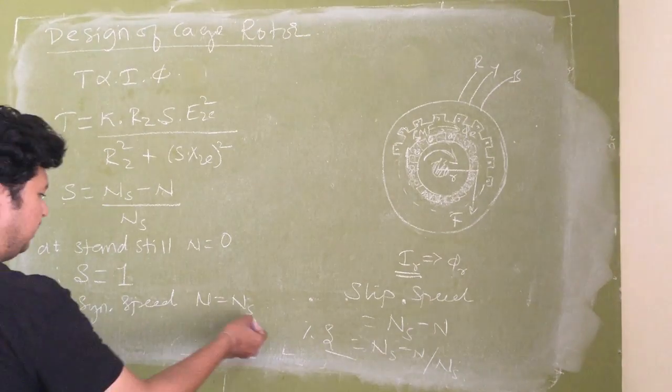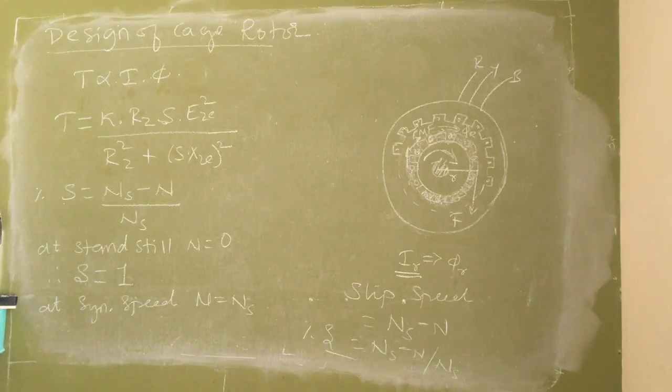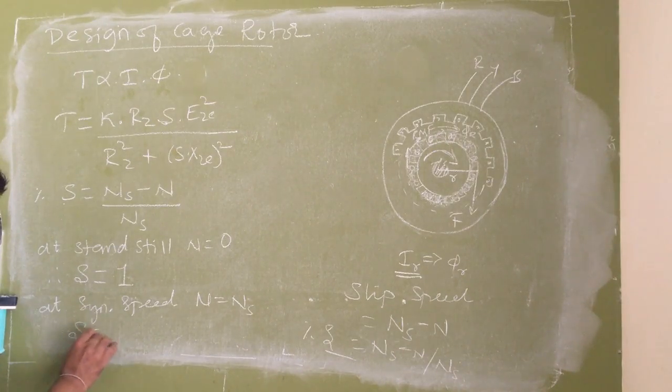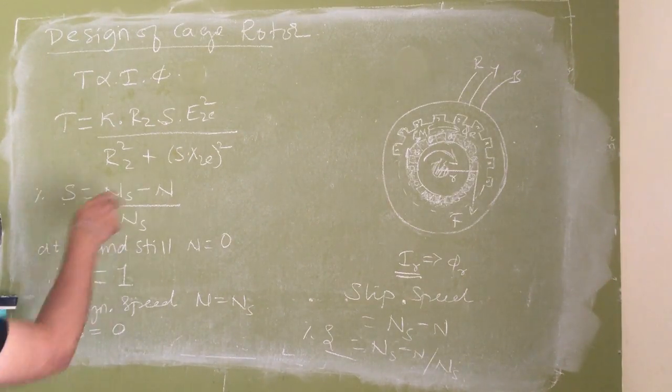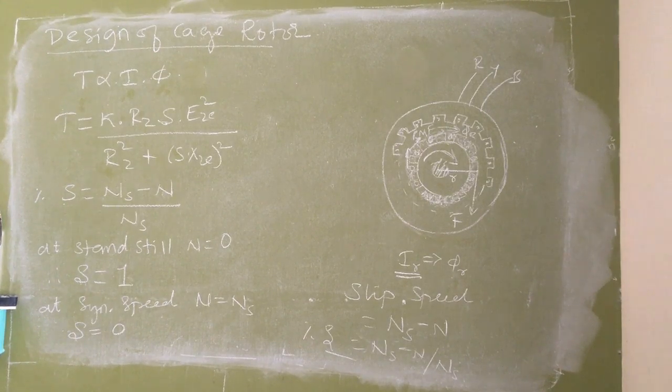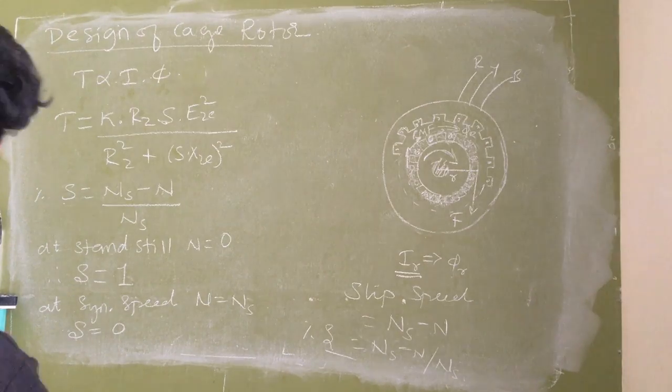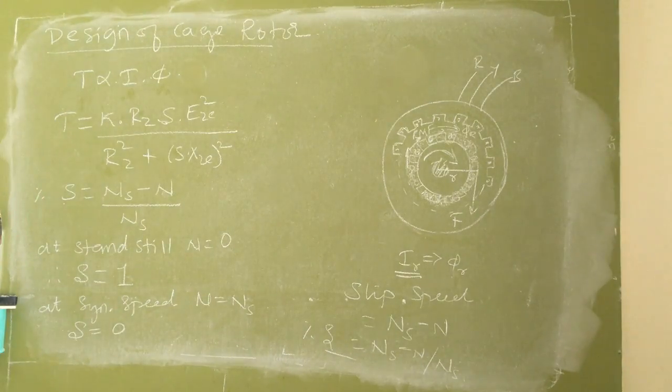Though N cannot achieve Ns, I can assume on paper that if it achieves, then my S is equal to (Ns minus Ns), 0. So when the induction machine is operating as motor, slip can never become 0. It can go to the minimum value possible, but still it will be greater than 0.